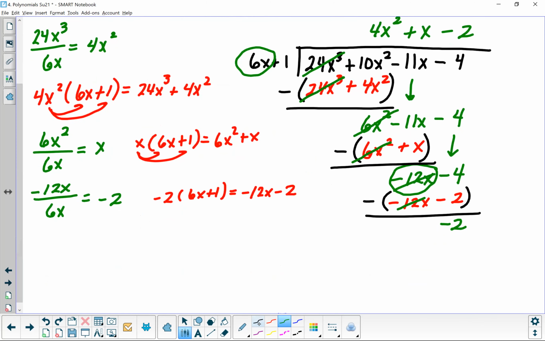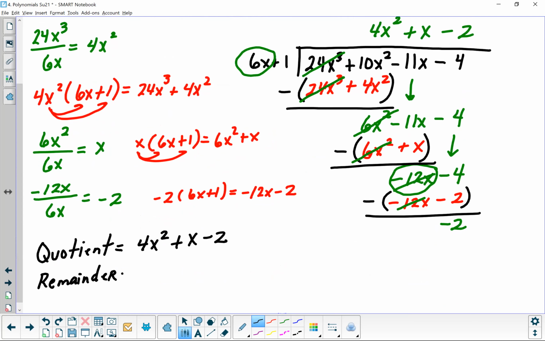So we have here our quotient, which is 4x squared plus 1x minus 2. Our remainder, which is negative 2.